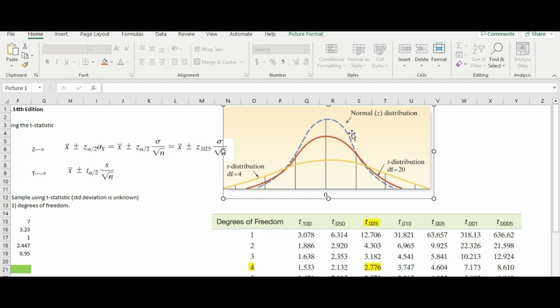They have the same mound shape, but the normal distribution has a narrower mound, meaning most of the collected samples are concentrated near the center. The t-distribution is more spread out, because it covers just around 20 or 30 samples or less.